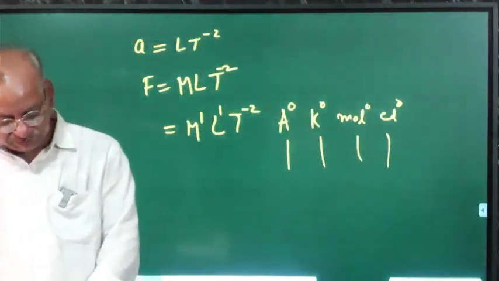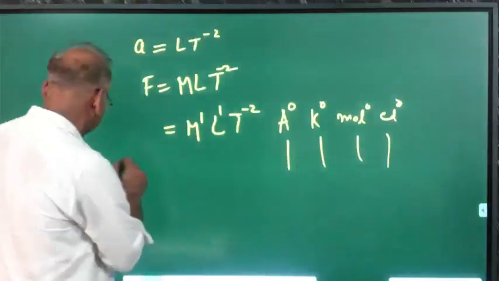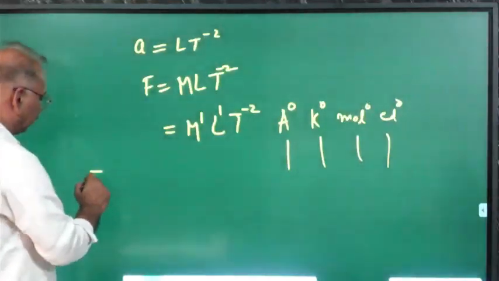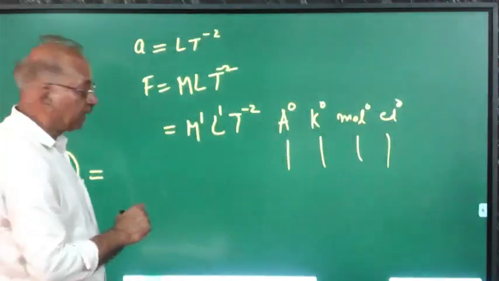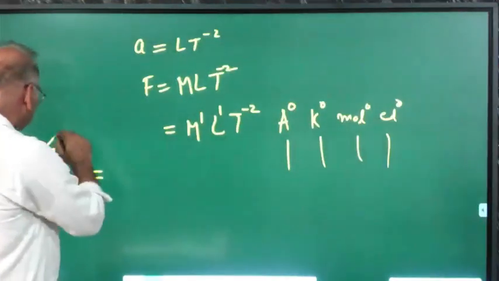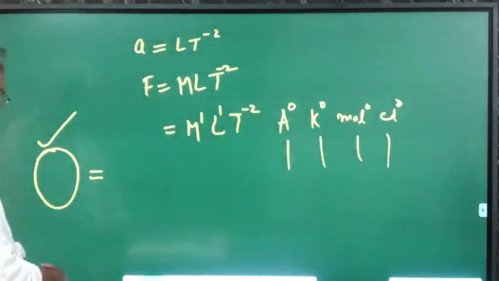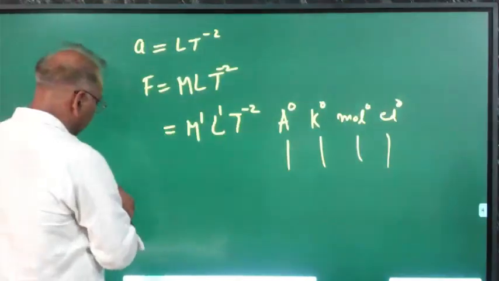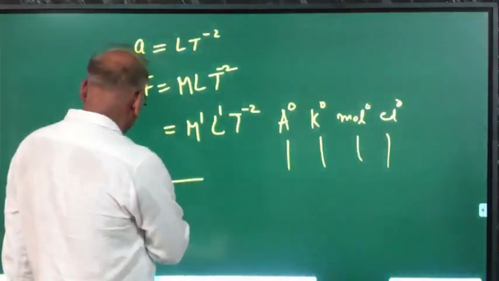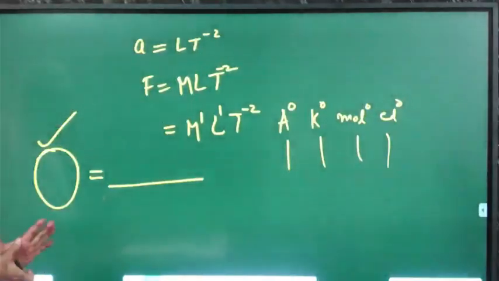So in this way, sometimes it happens that we have an equation where on the left hand side we have an unknown quantity or some result, and on the right hand side we have a mixture of fundamental quantities.